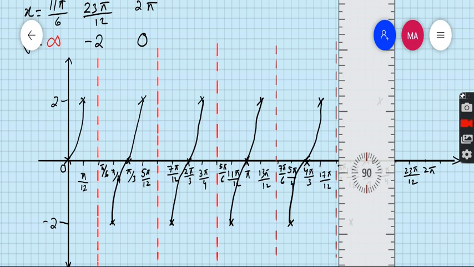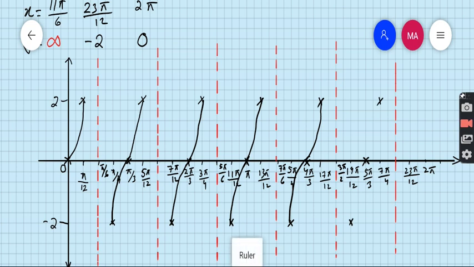This is the last asymptote, which passes through 11 pi by 6. Join these 2 points and these 2 points. Sorry. And this is 11 pi by 6.